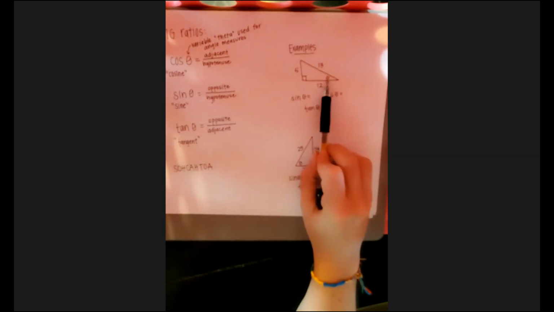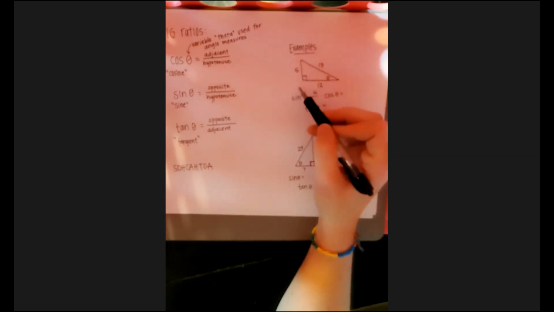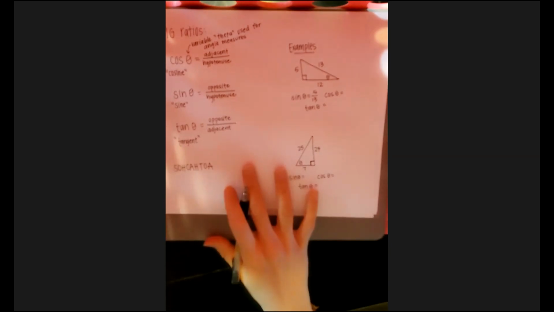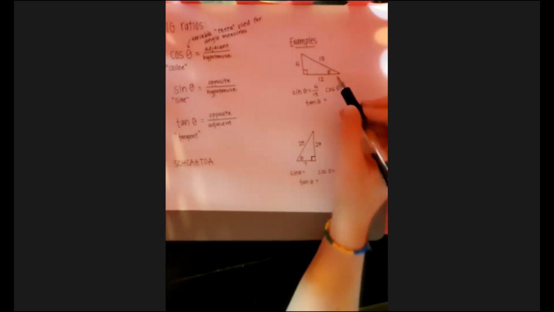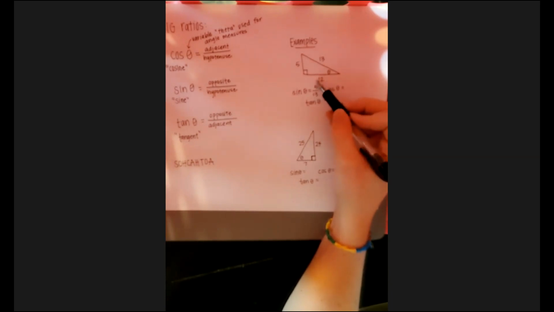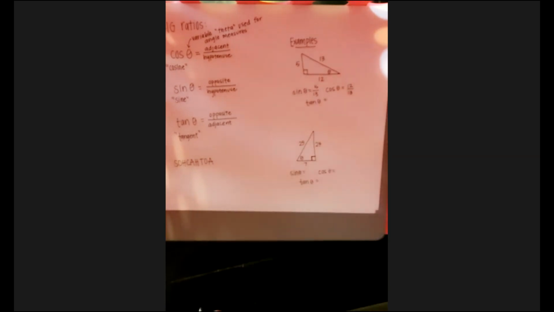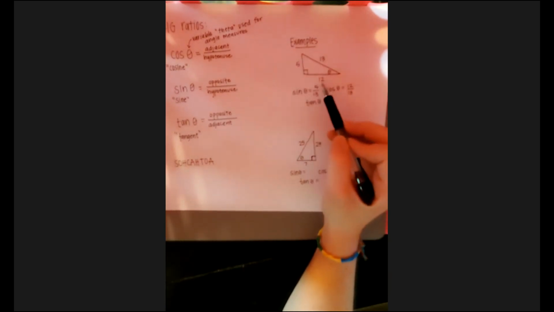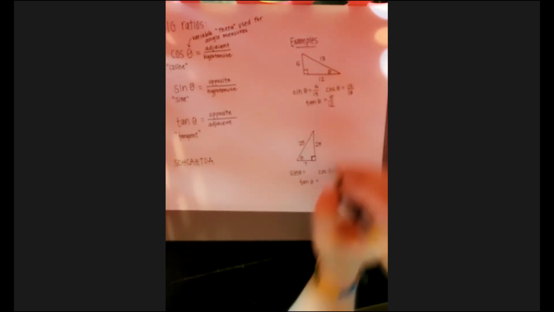Opposite from angle theta is 5. The hypotenuse is 13. So the ratio is 5 over 13. Cosine would be the adjacent side, 12, over the hypotenuse of 13. And tangent will be opposite over adjacent, which gives me 5 over 12.